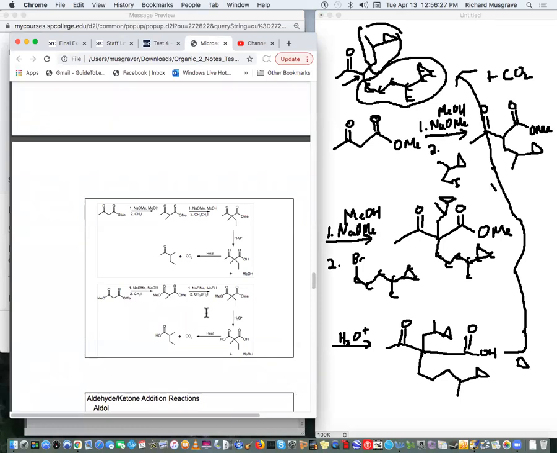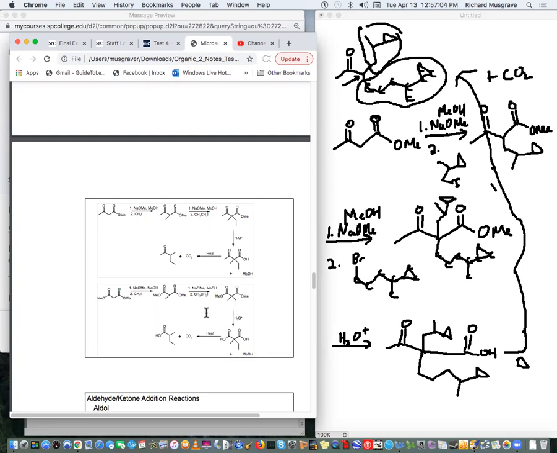Okay, so you said the only difference between this and the malonic ester, of course, when you start out, you're going to have the O-methyl group on the other side as well. So when you're doing all this, that's going to sit there and it's still going to be there up until you add the H3O plus on the 3rd step. That's correct. And then the H3O plus will hydrolyze both ester groupings to carboxylic acids. So there'll be an OH on both sides. Yes. And then when you heat it, one side will leave. That's correct. Okay, thank you.